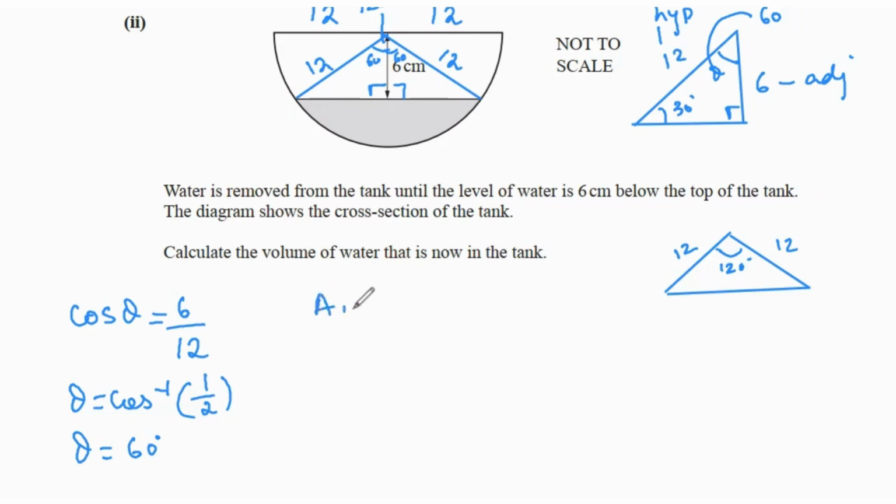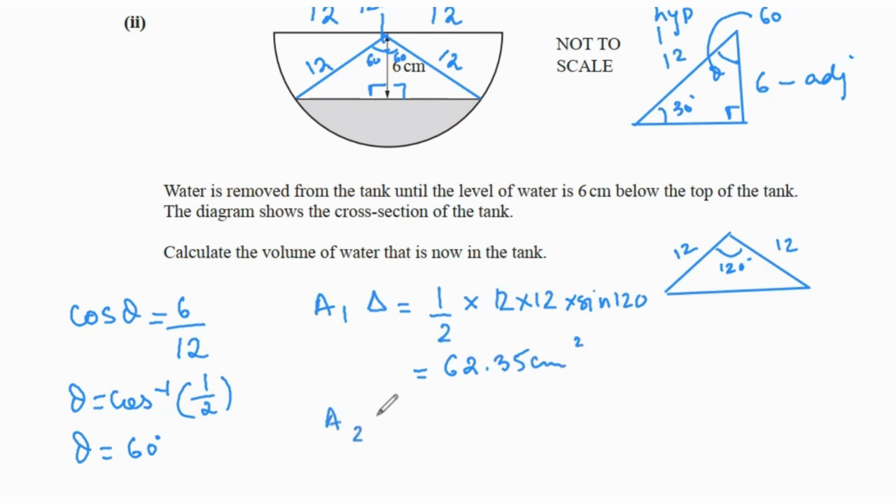So area 1, which is your triangle, is going to be 1 over 2 times 12 times 12 times sine of 120, which is basically going to give us 62.35 centimeters square.